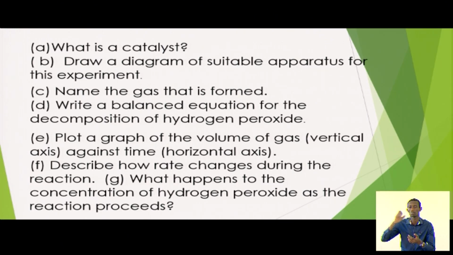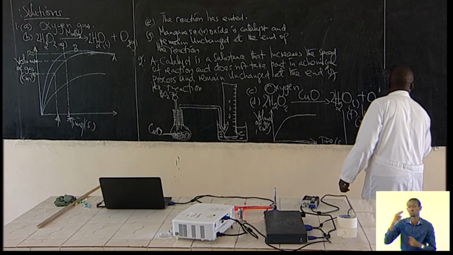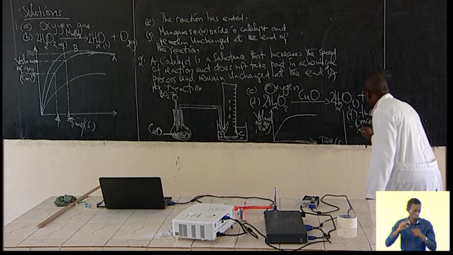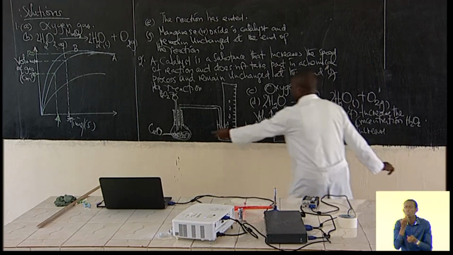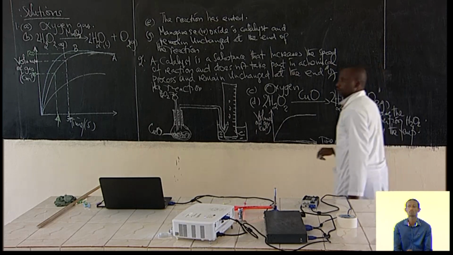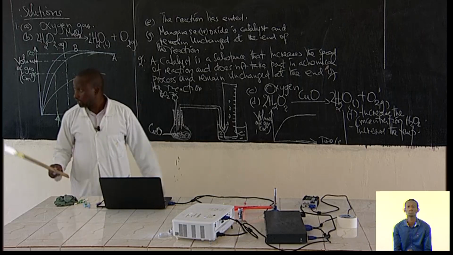That is part F. You increase the concentration of hydrogen peroxide, or what else? You can even increase the temperature. That means you heat the reactants over here. Those are some of the factors.